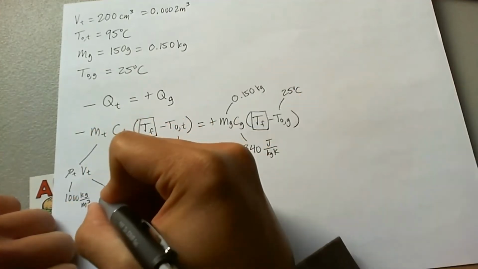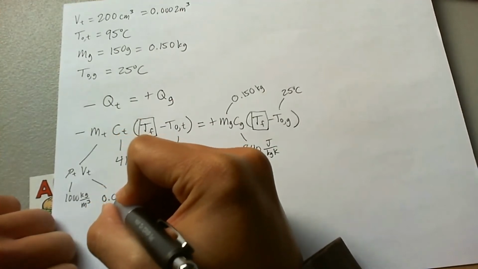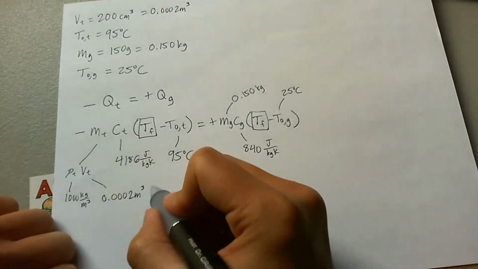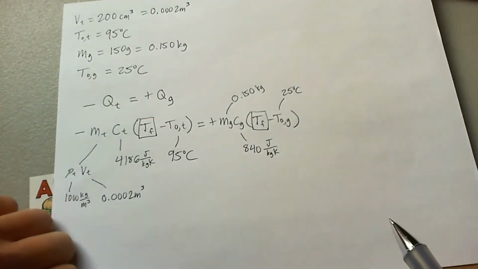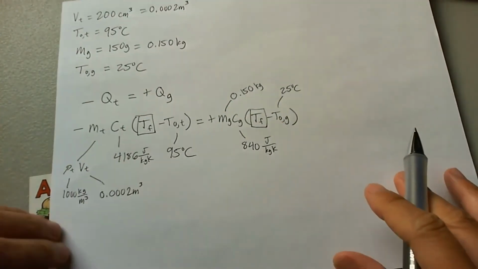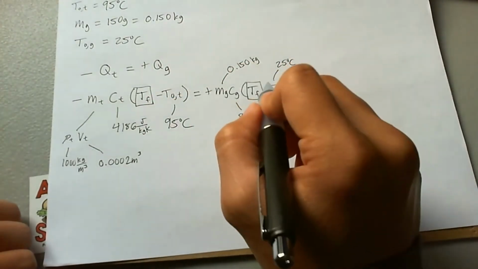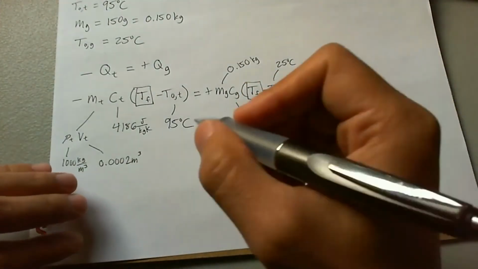And the volume of the tea, in terms of meters cubed, is 0.0002 meters cubed. You can see that the meters cubed cancels out, leaving a kilogram, which is the unit of mass. So now that we have all of the variables needed, let's finally start isolating TF and working with the problem.